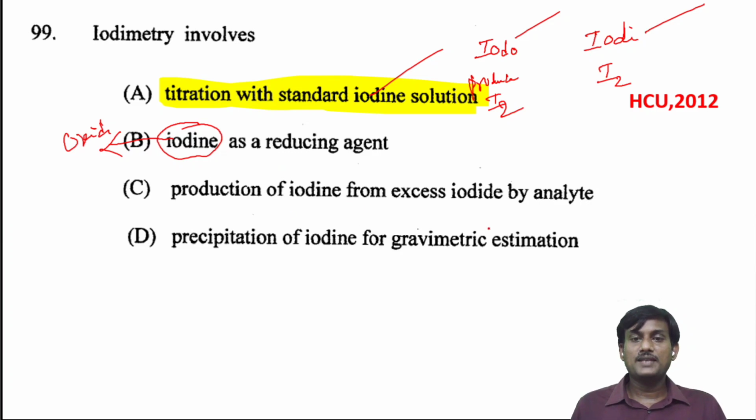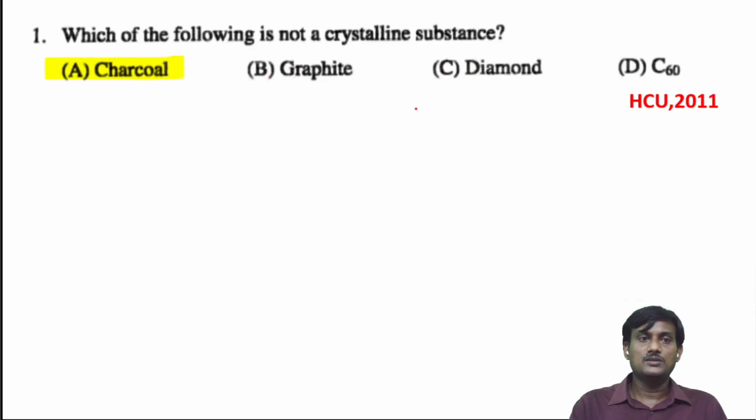Production of iodine from excess iodide by the analyte is iodometry. Precipitation of iodine for gravimetric estimation is not correct. So the correct option is titration with standard iodine solution.